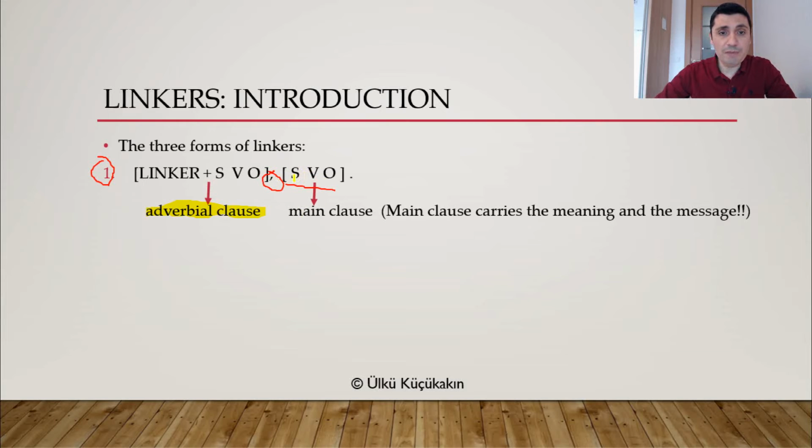And the main sentence is right here. So the part where it's combined with the linker is not the main sentence. No. The main sentence is the independent sentence. It's right here. So it's called main clause or main sentence.